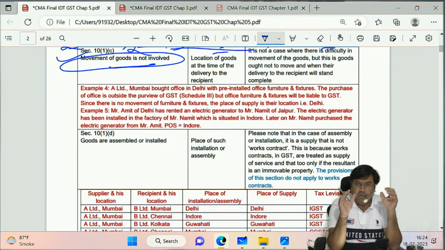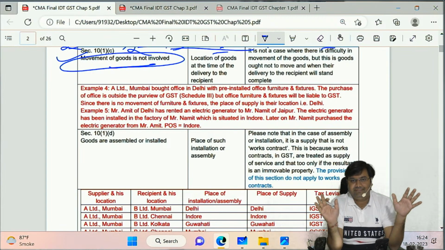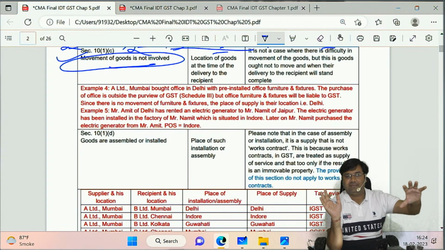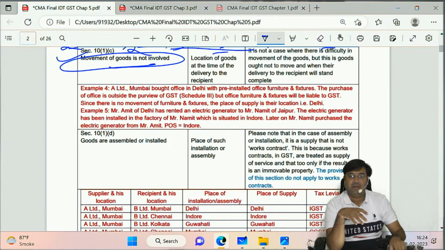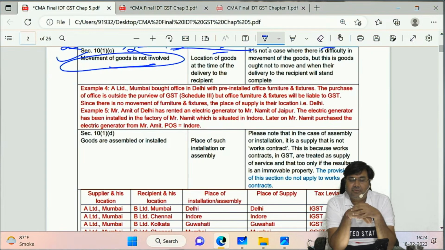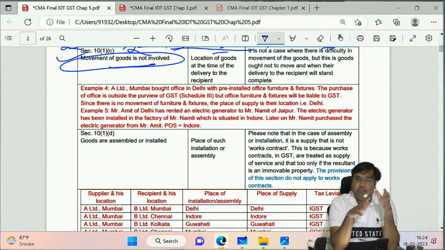I bought a lovely, well decorated office. In that office, furniture is there. So I bought the office, and furniture is already there. I need that furniture, so along with the office, I also bought the furniture. So does that furniture need to be moved from that place?